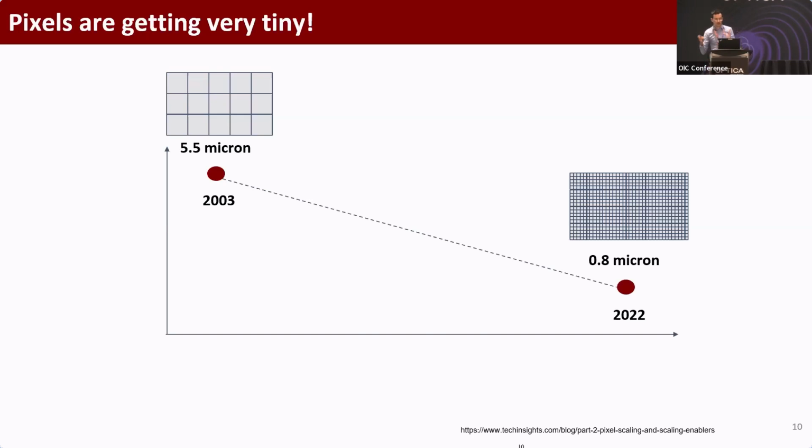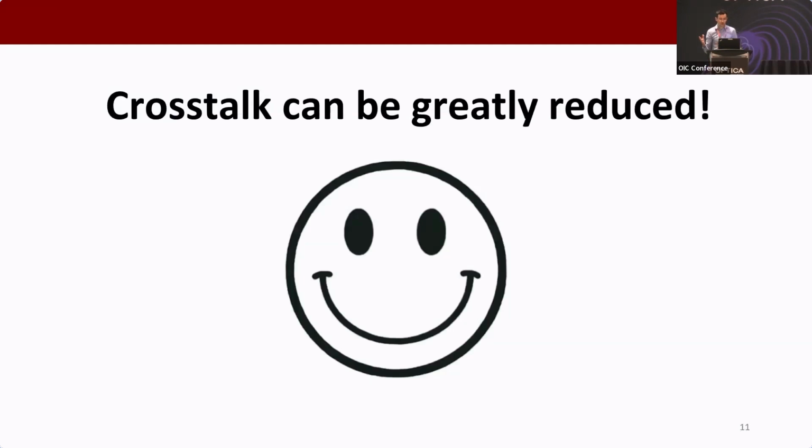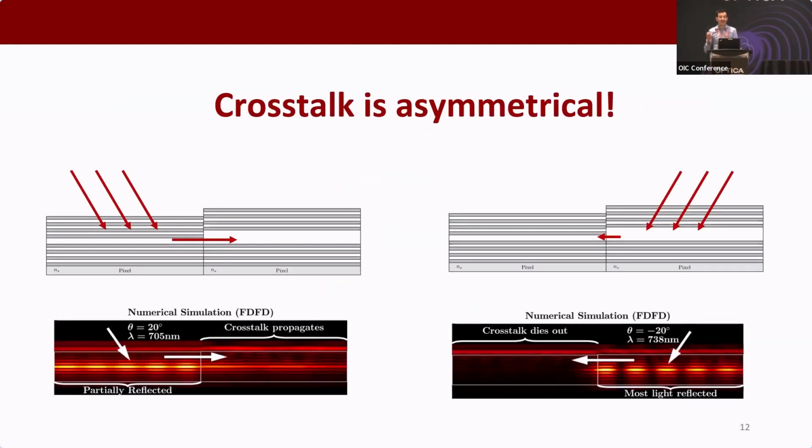Now, I also want to bring some good news: this specific kind of crosstalk can be greatly reduced in a very simple, cheap way by exploiting one of its physical properties, which is that it's highly asymmetric. If you take two filters, one on the left and one on the right, and light enters from the left and goes to the right, there's crosstalk, but the amount of crosstalk from the right to the left is totally different.